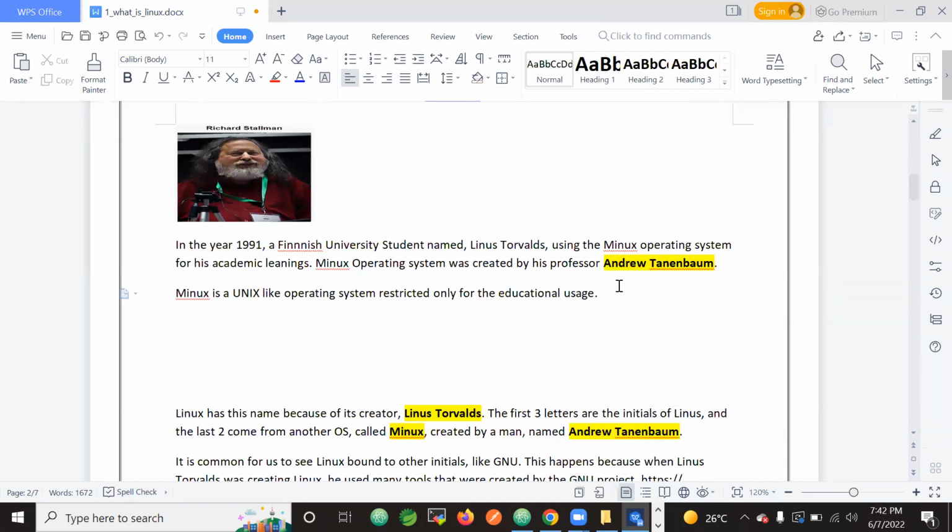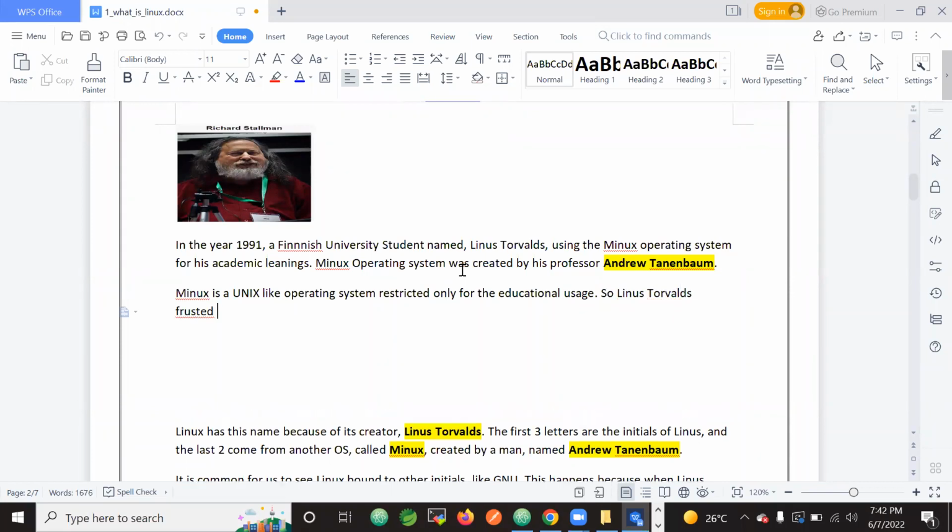So Linus Torvalds, a Finnish university student, was frustrated with this restriction and started writing his own kernel.